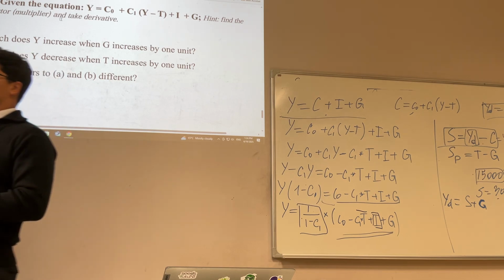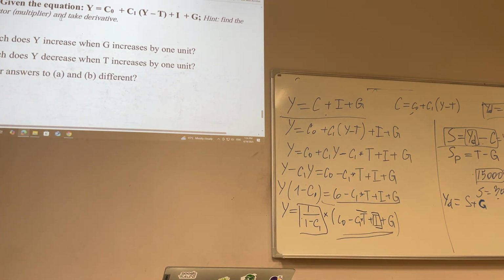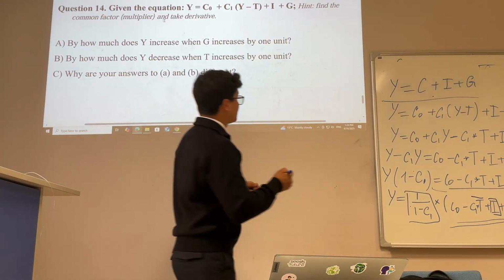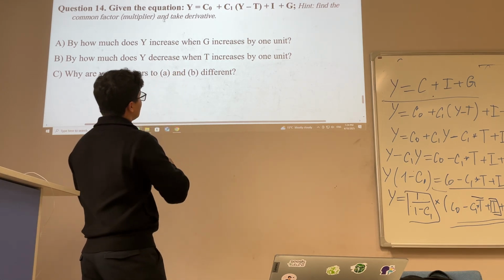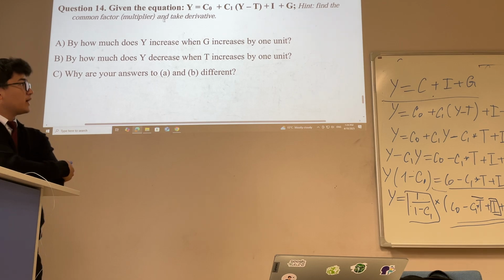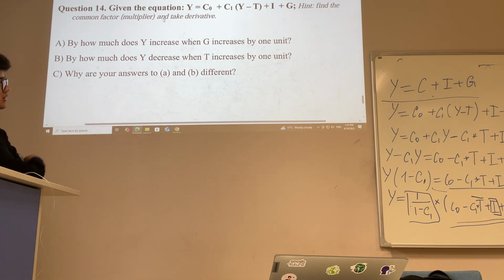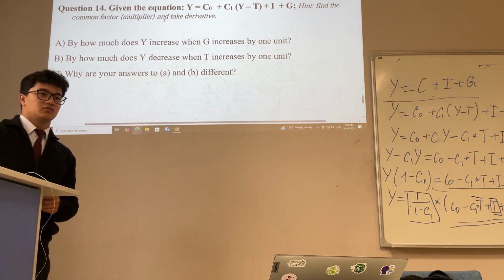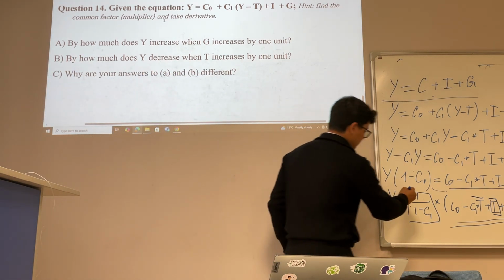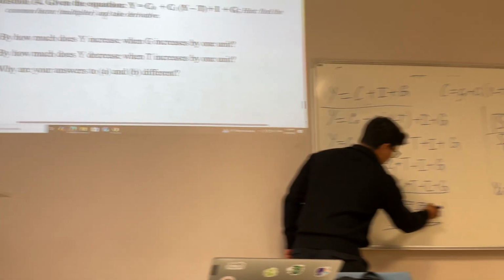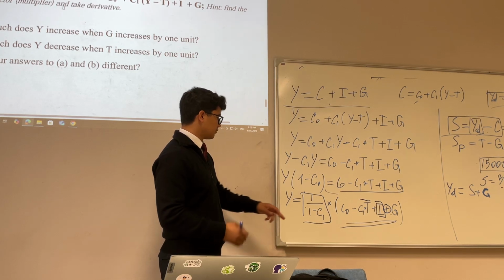Here they didn't give us any values for G, T and investment. They're just asking how much Y increases if G increases by 1 unit. So when G increases by 1 unit, Y increases by how much? Our multiplier. Because G is positive here in autonomous spending, it will also increase by this much.